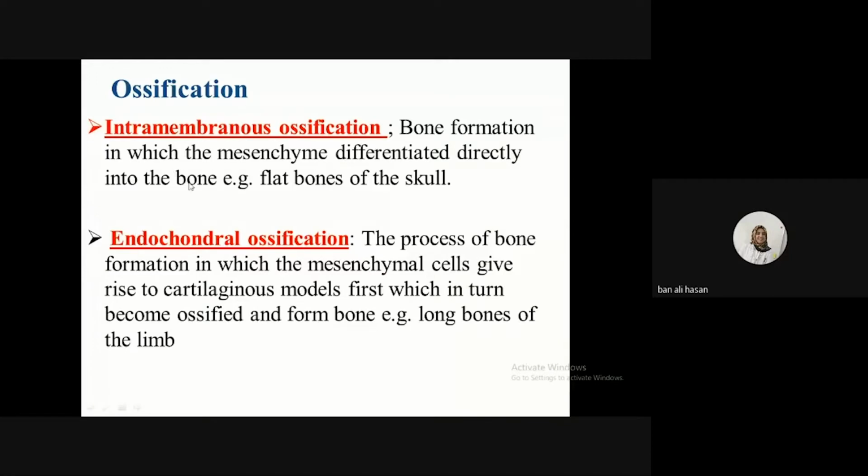If I make it as a table or a diagram, I will say that the mesoderm divides into paraxial mesoderm, intermediate, and lateral plate. For the paraxial mesoderm, I will also say somitomeres and somites, and somites will differentiate into sclerotome and dermomyotome.